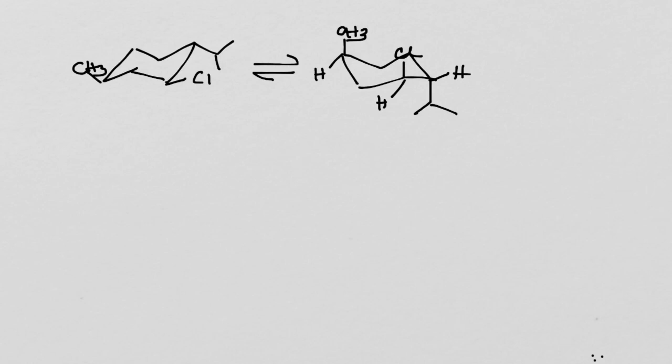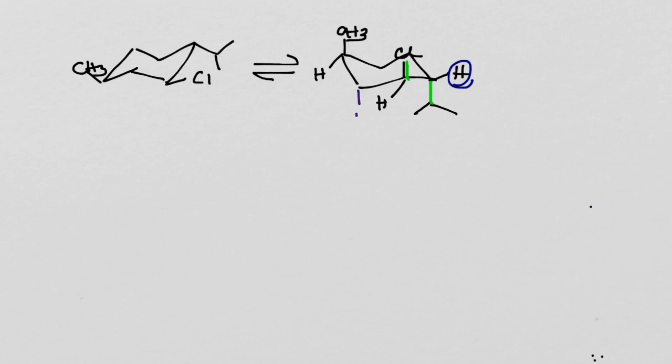Now, what do we see? Well, if we look here, what we see is that this chlorine is antiperiplanar to the isopropyl group. So that means that we're not going to be able to pull this proton, and this was the blue proton in the previous example. It's not going to undergo an E2 mechanism via this proton.